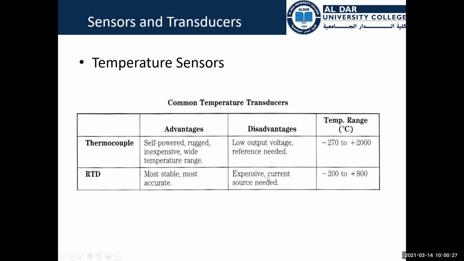It depends entirely on Wheatstone bridges for resistance, and it is not expensive, but the range is not high. The range is minus 200 to plus 800. Okay, and it also needs some external current.